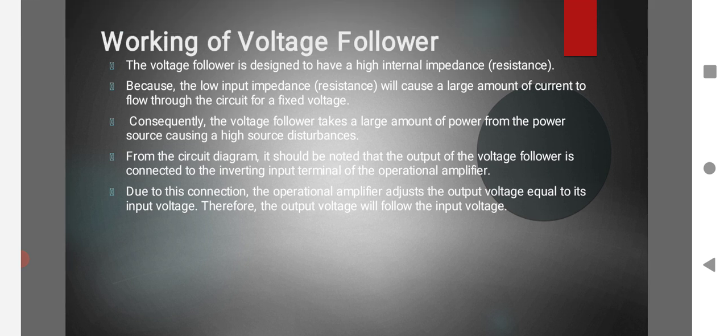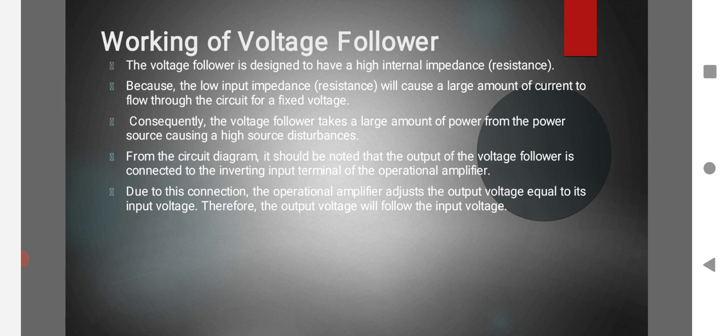Now the working of the voltage follower. The voltage follower is designed to have a high input impedance, because a low input impedance will cause a large amount of current to flow through the circuit for a fixed voltage. Consequently, the source would supply a large amount of power, causing high source disturbances.